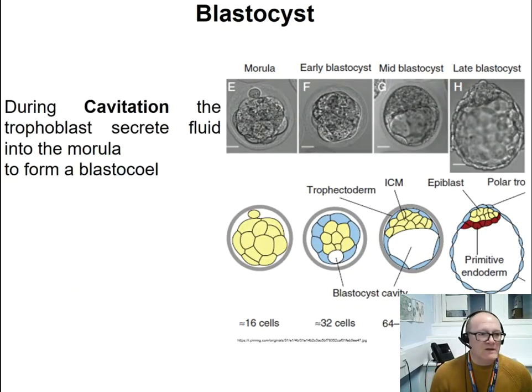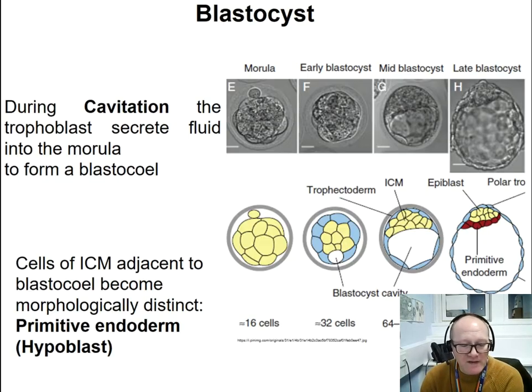Okay, so when we have the formation of the blastocystic cavity, we have the process of cavitation. What does it mean? It means that this blastocystic cavity is formed and then filled up with fluid from the trophoblast.